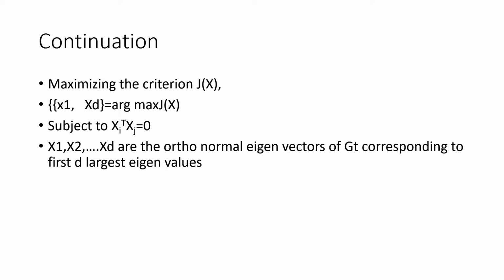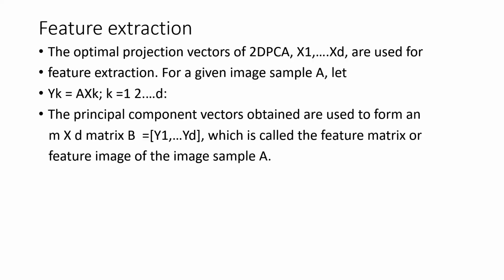X1, X2, to Xd are the orthonormal eigenvectors of GT corresponding to the first d largest eigenvalues. These are the optimal projection vectors of 2D PCA, X1 to Xd, and they are used for feature extraction.